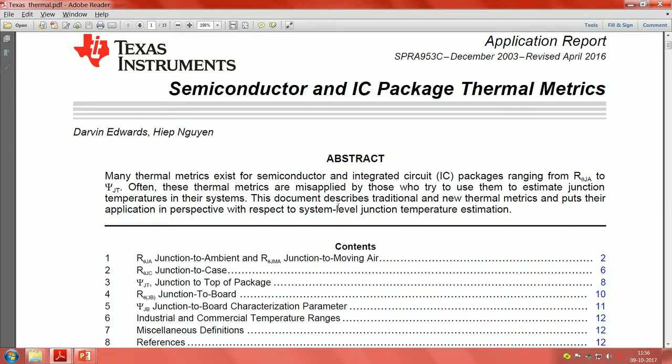Metrics are misapplied by those who try to use them to estimate junction temperatures. This document describes traditional and new thermal metrics to put their application in perspective with respect to system level junction temperature estimates. You see here, the original was prepared in the early 2000s and we are now in late 2010.